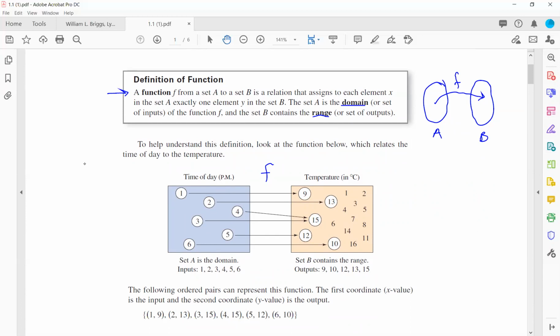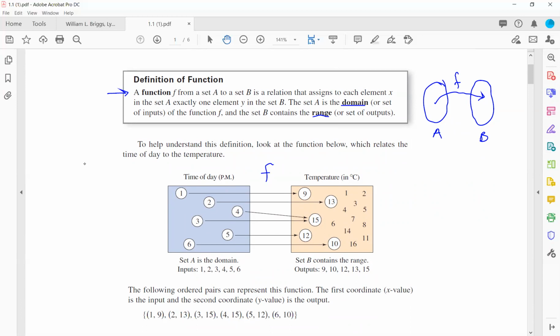The second set has a lot of numbers, a lot of values. This function f takes 1 and maps it to 9 temperature. So at 1 p.m. the temperature is 9.